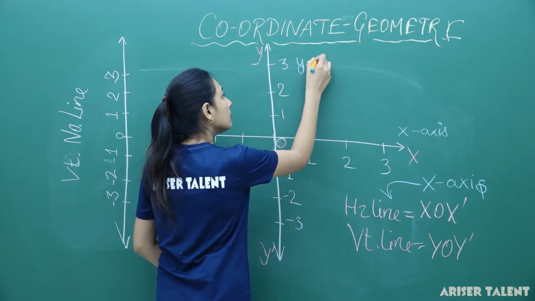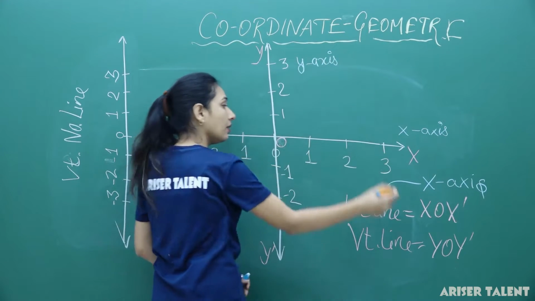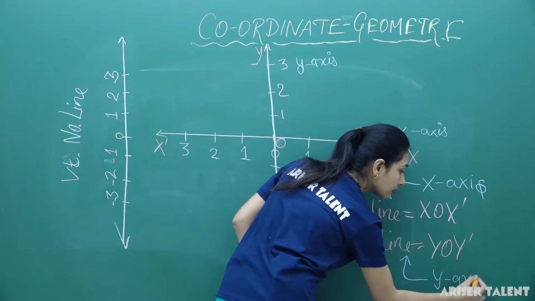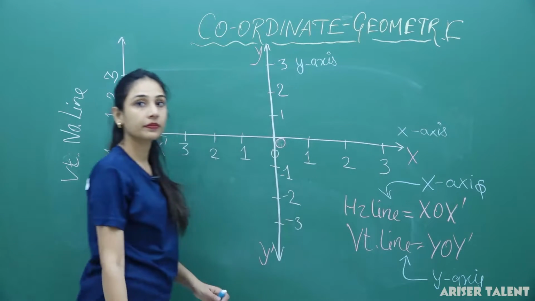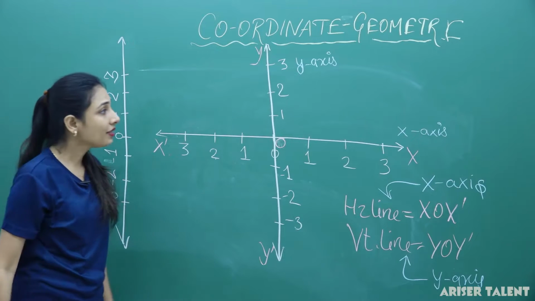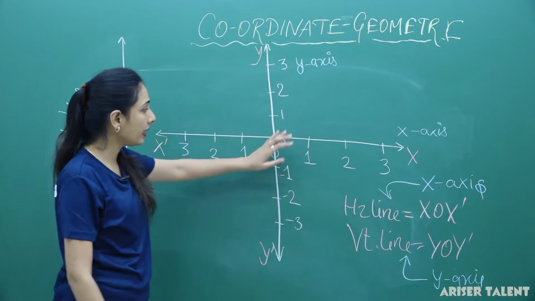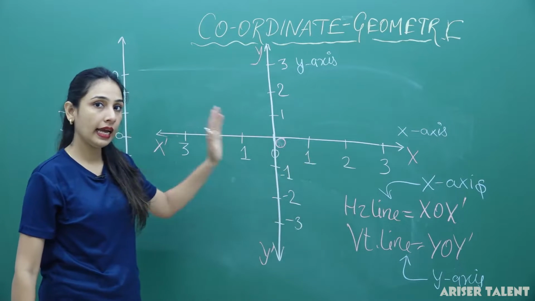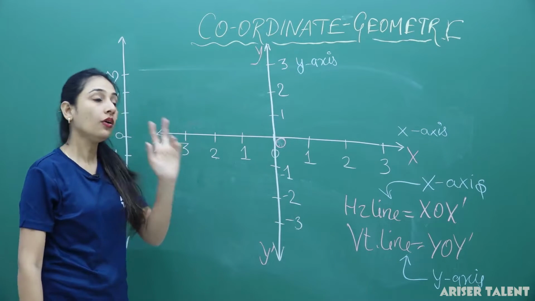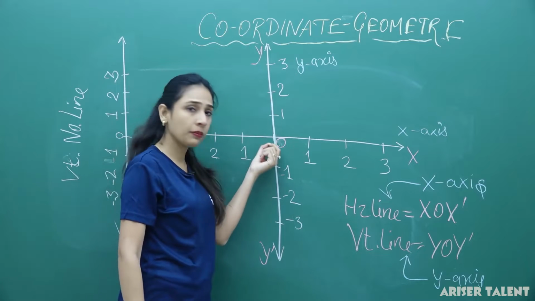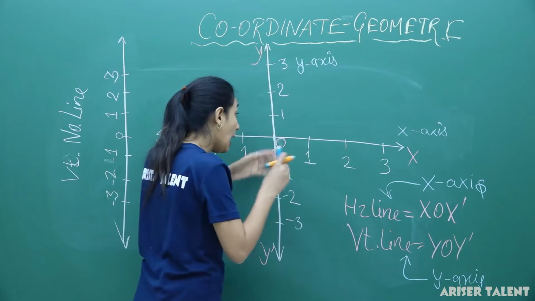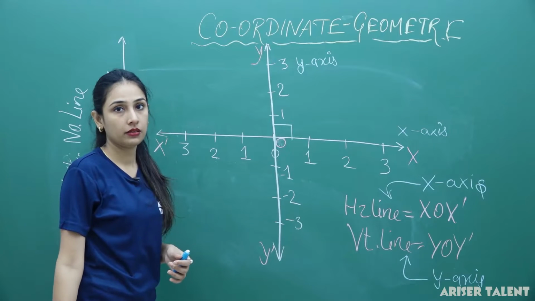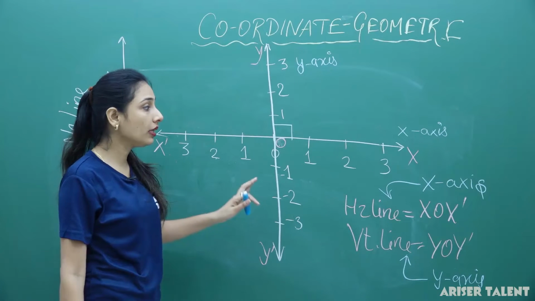Y axis. Which axis? Y axis. Understood, student, this particular thing? I have created a number line, horizontal, and then a number line, vertical. I have merged both the number lines on the 0 and, very important thing, perpendicular to each other.